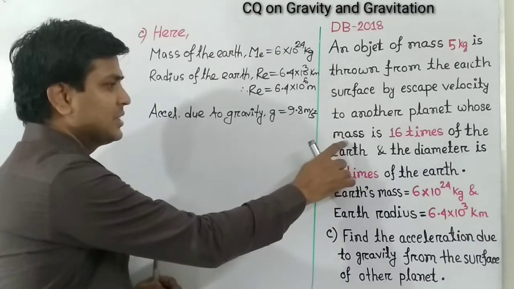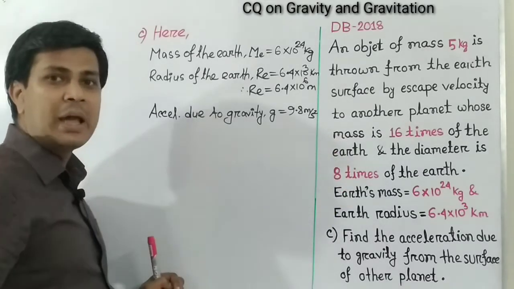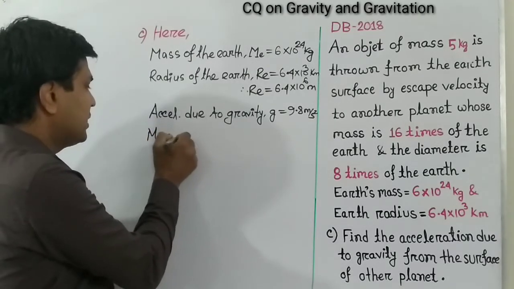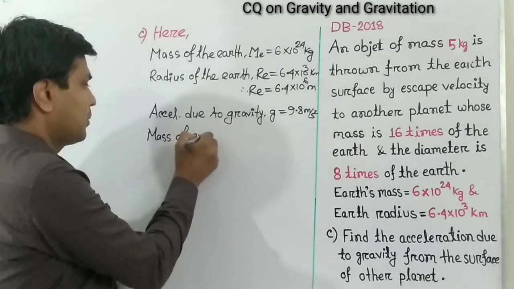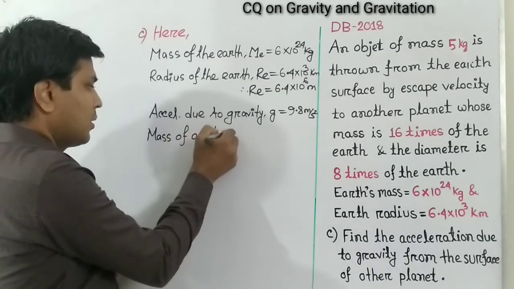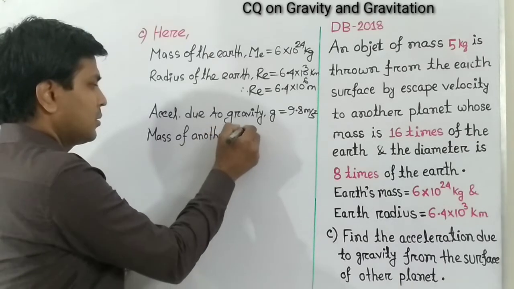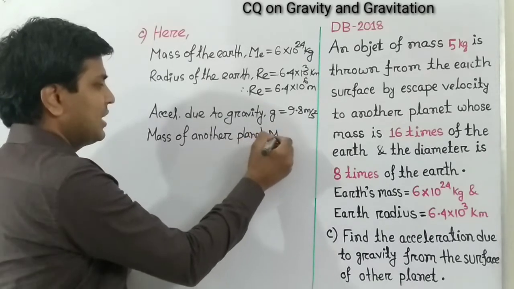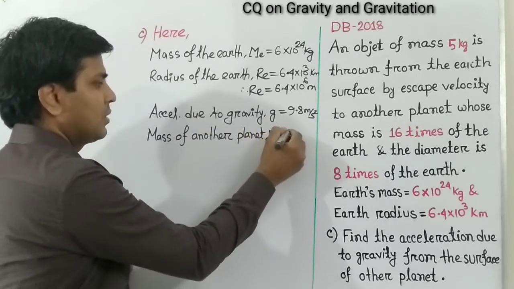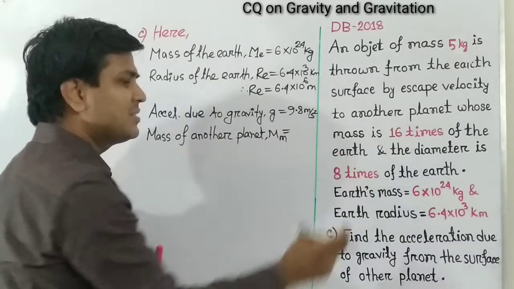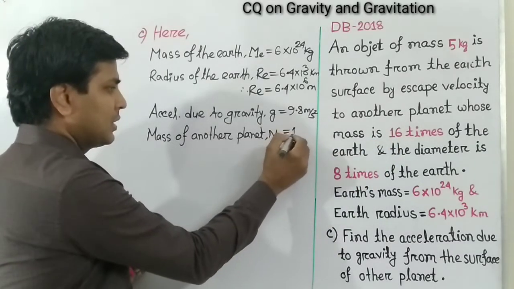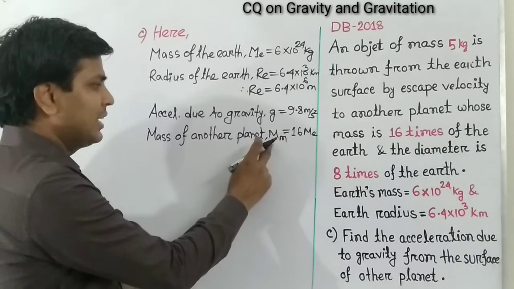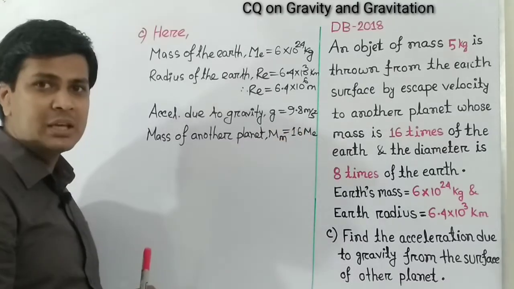Now there is a condition: the mass of the other planet, capital MM, is 16 times the mass of the Earth. So we can write here MM equals 16 ME.